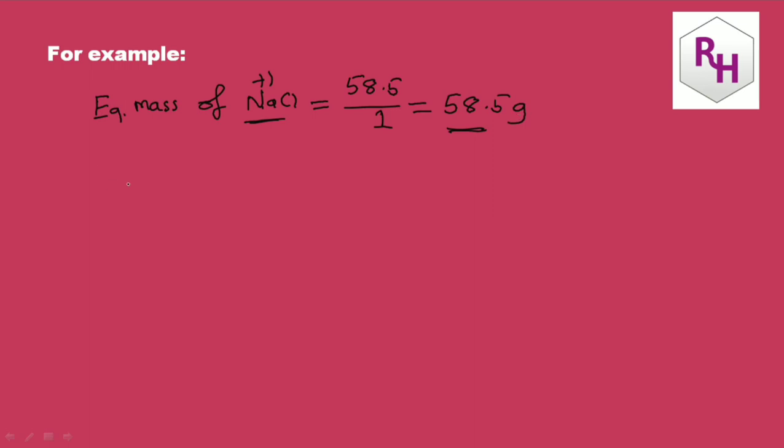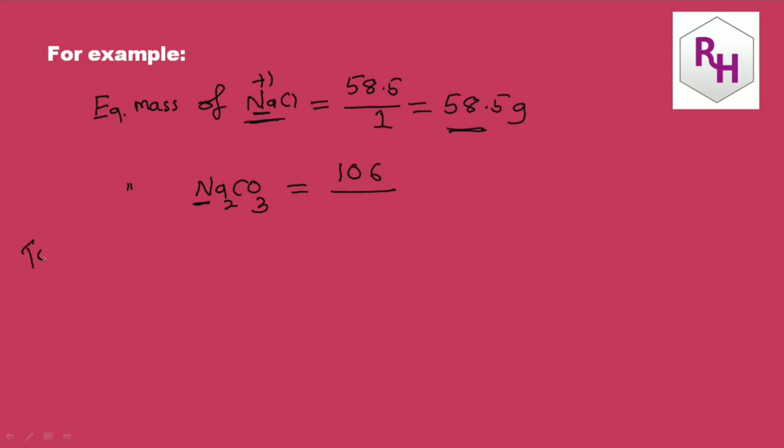Another example: I want to calculate the equivalent mass of Na2CO3. Na2CO3 molecular mass, calculate, you will get 106. Now here I cannot take plus 1. You can ask me, sir, sodium is there in NaCl and here also, so why not 1? But what is the formula?